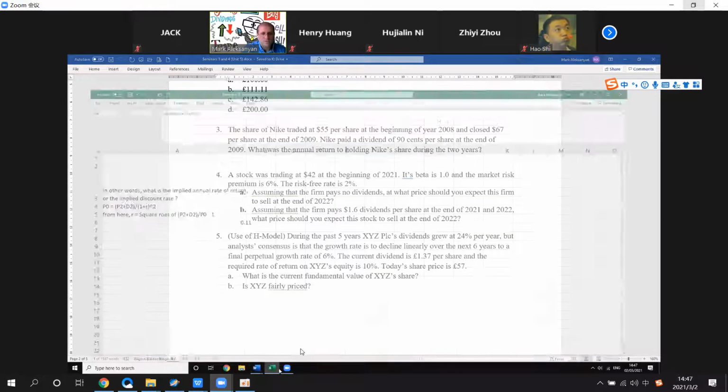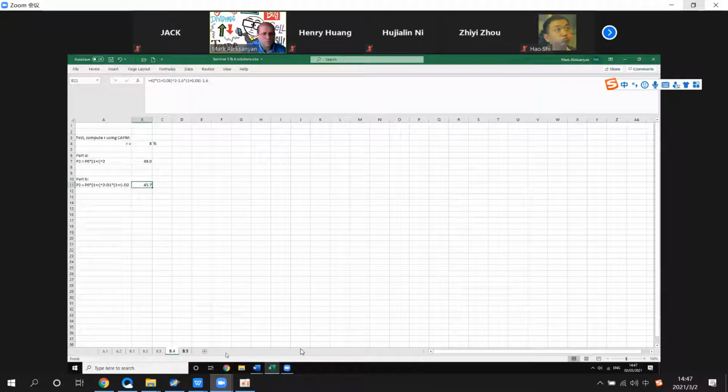Okay, so let's just do that quickly. Go to question 4. The first thing we need to do is obviously to work out the capital asset pricing model based cost of equity capital estimate, R. So using the capital asset pricing model, our R for this company should be the risk-free rate of 2%. I believe it was 2, isn't it?